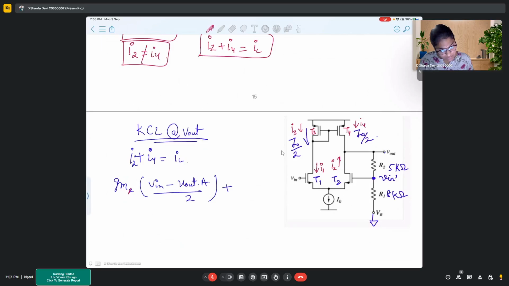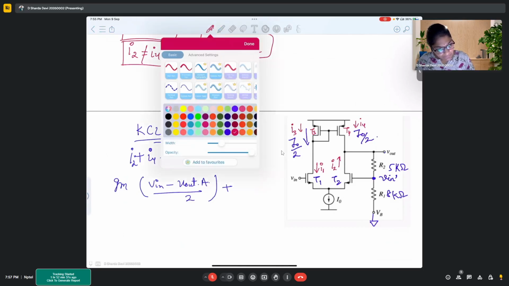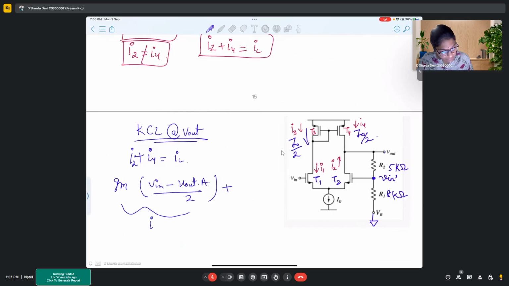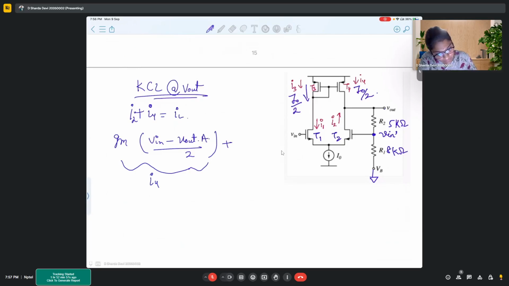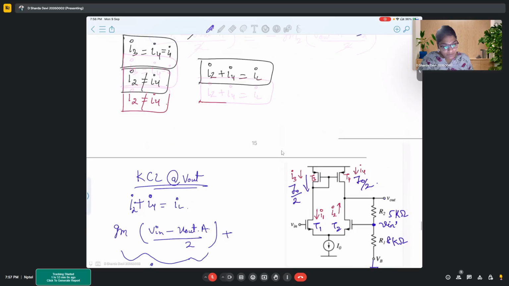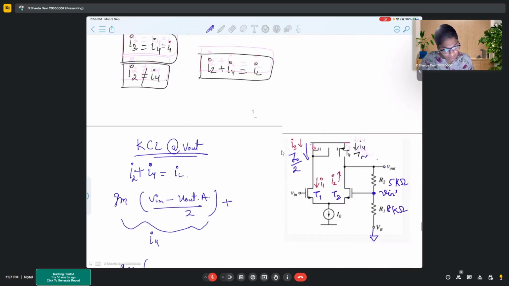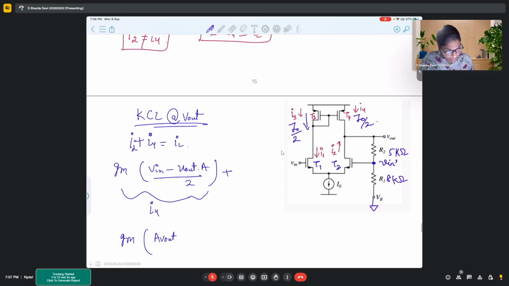Since all the GMs are equal, so we can simply neglect this and write simple GM. But this part is coming from I4. And now if we write from I2, so I2 is GM into V out minus GM I2.